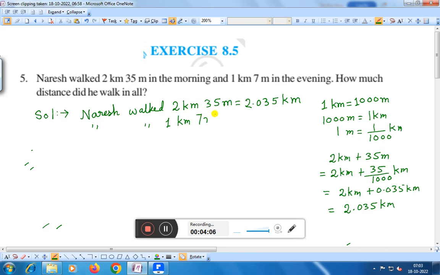We will change 1 kilometer 7 meter into kilometer.